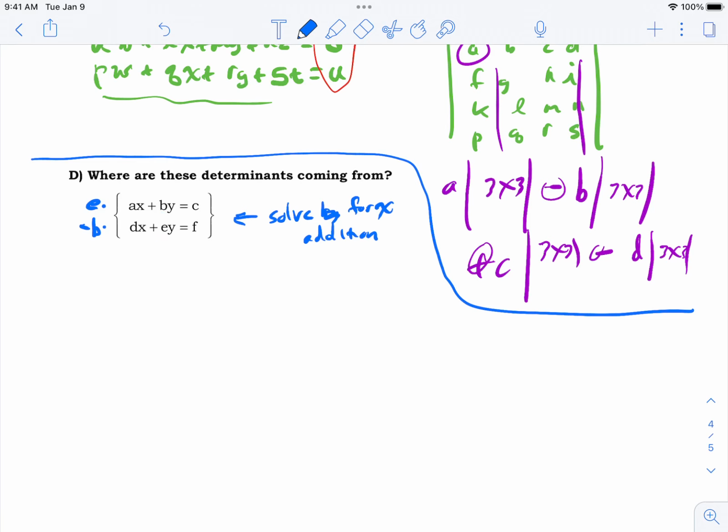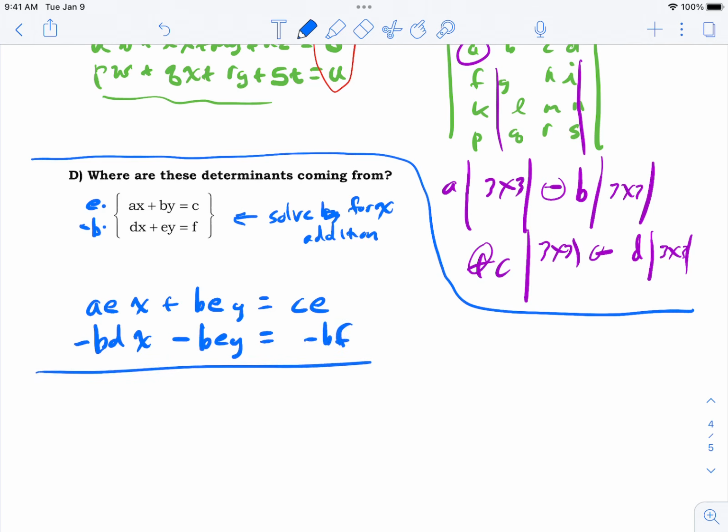So the top equation multiplied by E, I get AE times X plus BE times Y equals CE. Underneath I got negative BD times X minus BE times Y equals negative BF. Yay. Add your equations together. You've got AE minus BD, that's the coefficients, right?